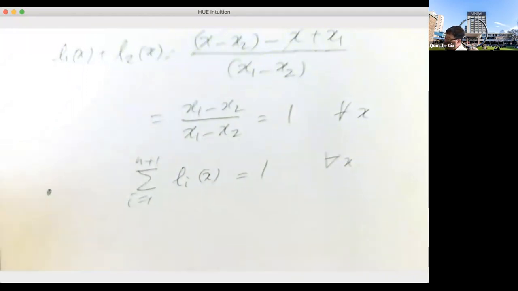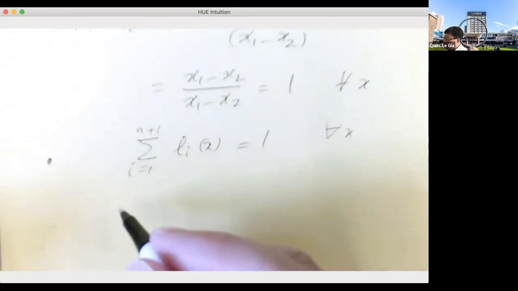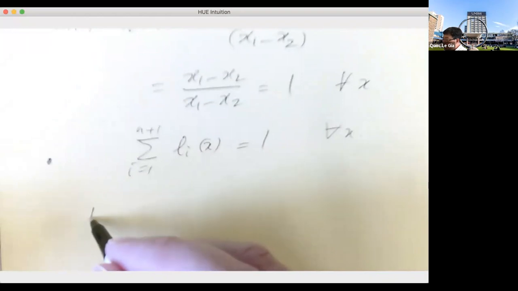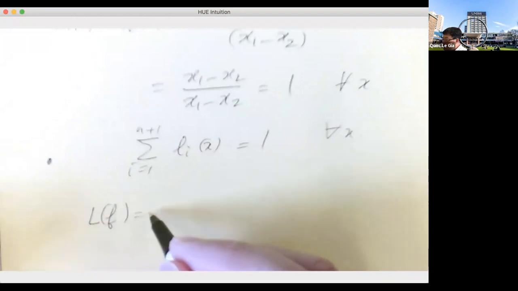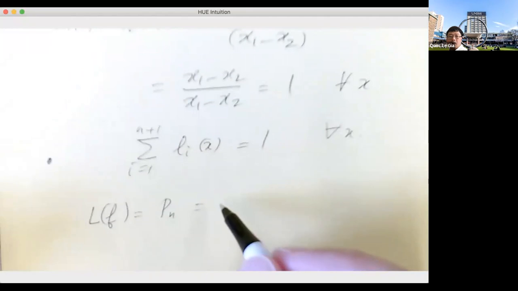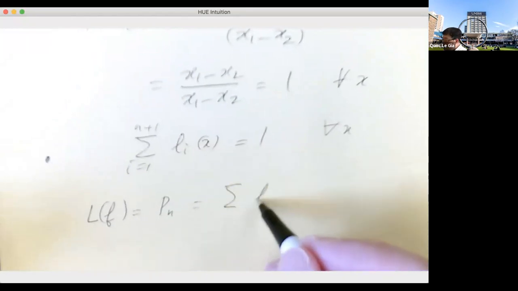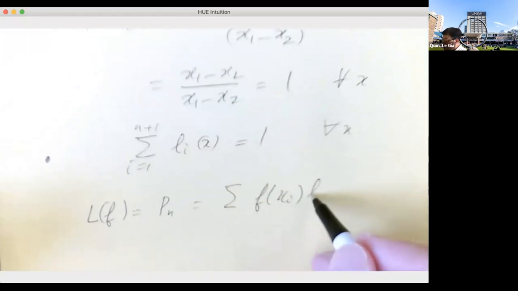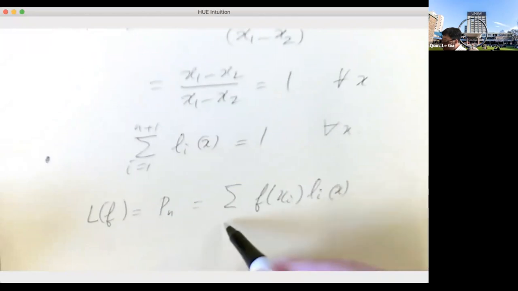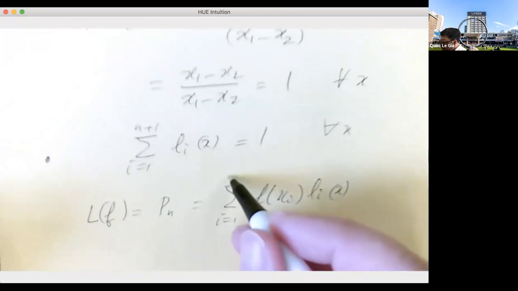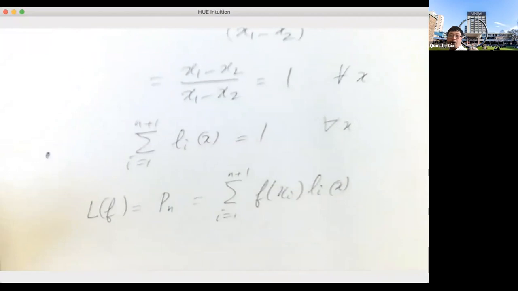Okay, maybe the hint is like this. If you remember, we take L of f, which is Pn, and it's just the sum of f of xi times Li.